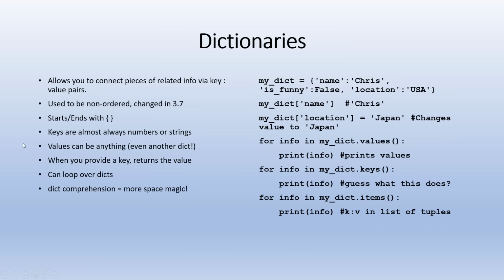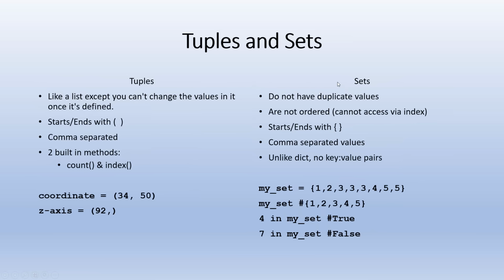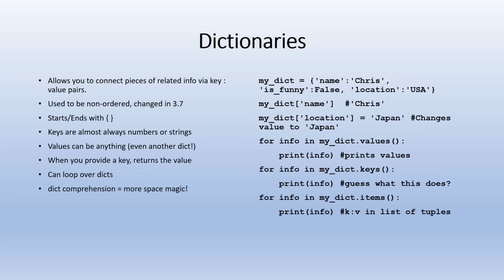What else was I going to say about this? Oh, for values, you can use anything, and for the key, you want it to be anything that's immutable. So numbers, strings, and tuples, and I'll get into tuples here in a second. Numbers and strings are immutable. Tuples are also immutable.